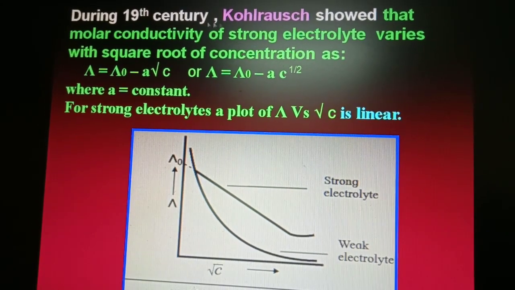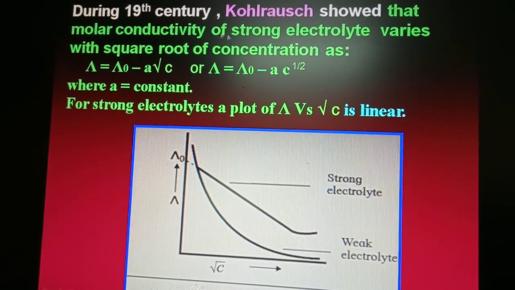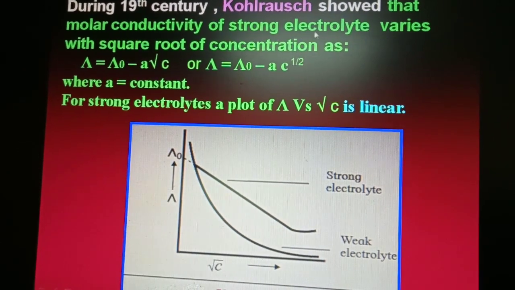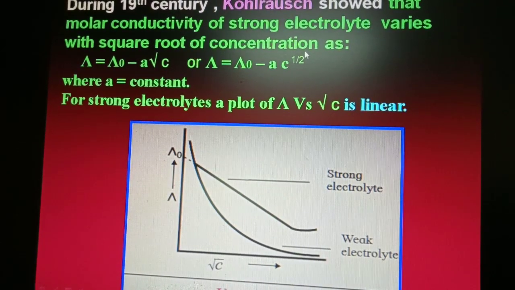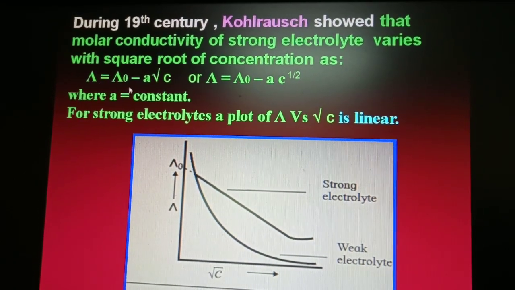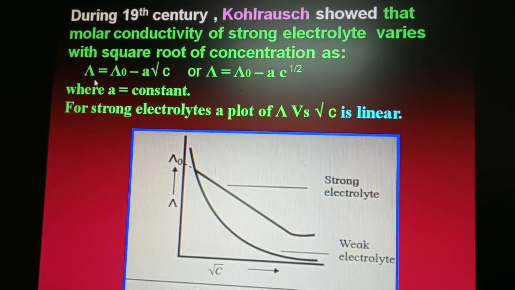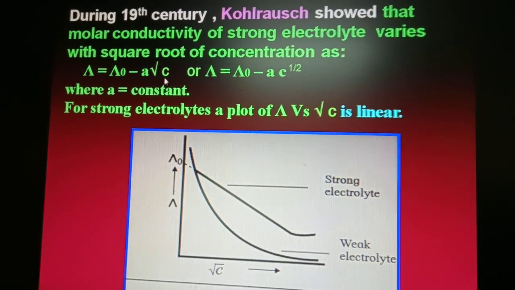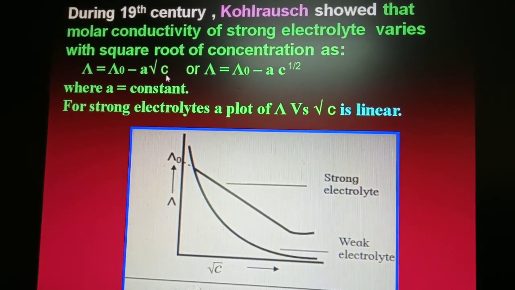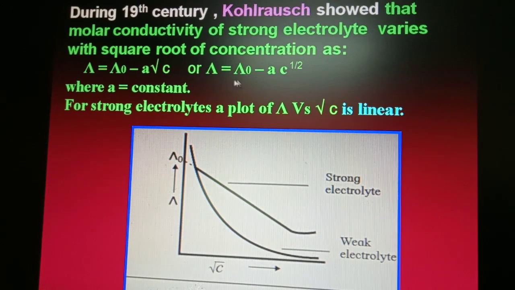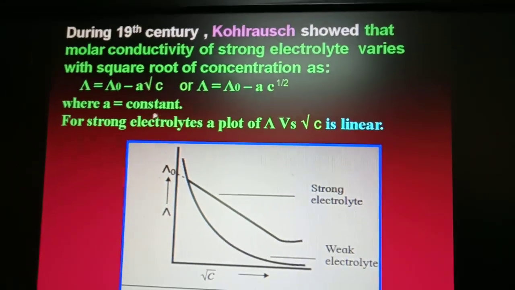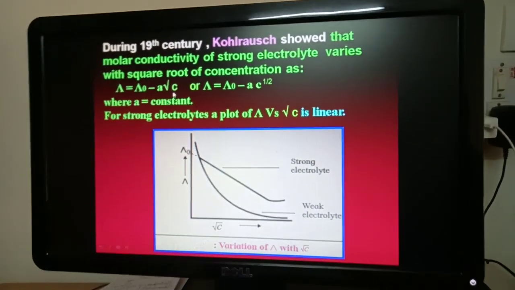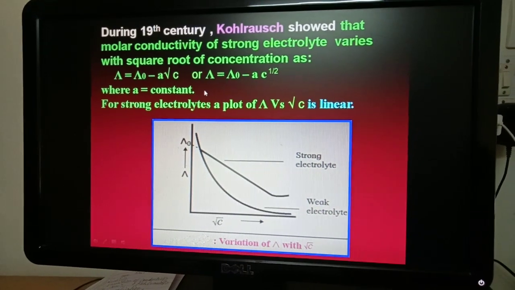During the 19th century, Kohlrausch showed that the molar conductivity of a strong electrolyte changes with the square root of concentration. He put forth an equation as lambda is equal to lambda 0 minus a root c, or lambda is equal to lambda 0 minus a c raised to 1/2, where a is a constant and c is molar concentration.